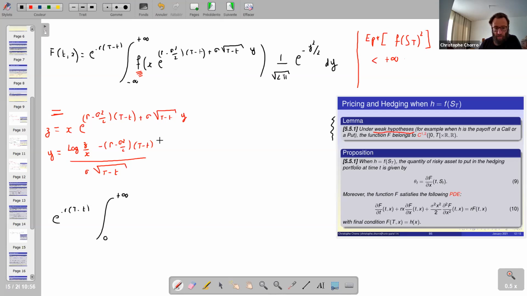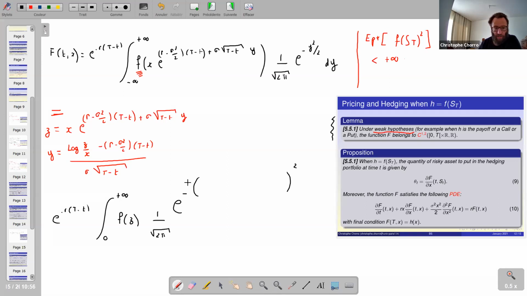I have f of z, and I have 1 over the square root of 2 pi, exponential of minus y squared over 2.